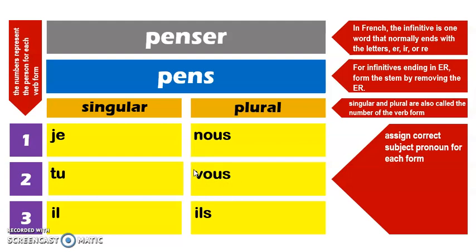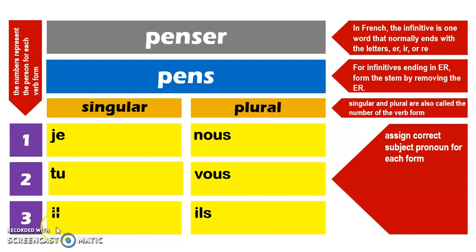And then, third person singular. This is the person you are talking about. For third person singular, we use the pronoun il. That means he. Now, I didn't put it here because I wanted to leave myself more room to spell out words. So I didn't put elle, E-L-L-E, which means she, but that is also third person singular.